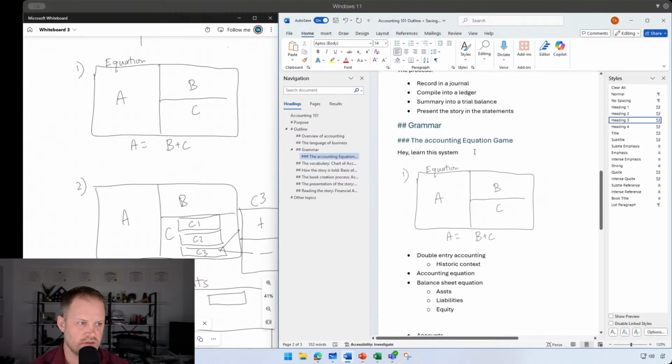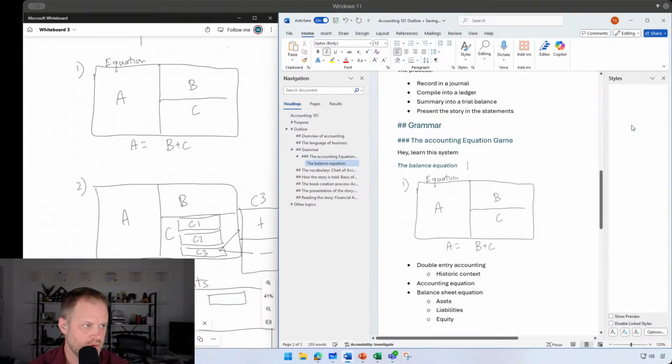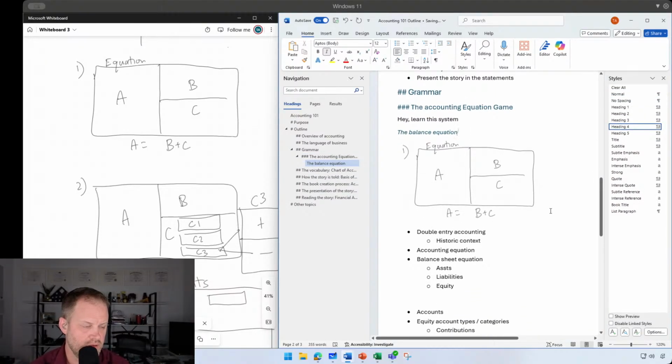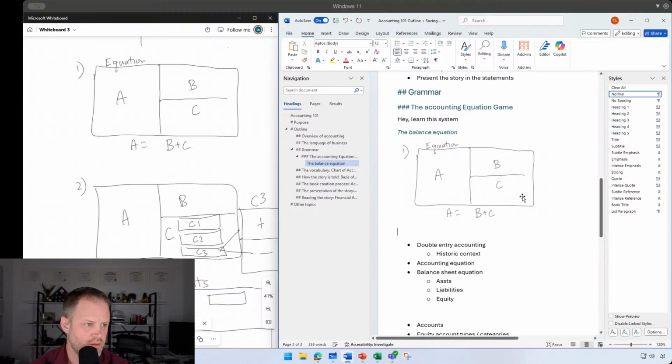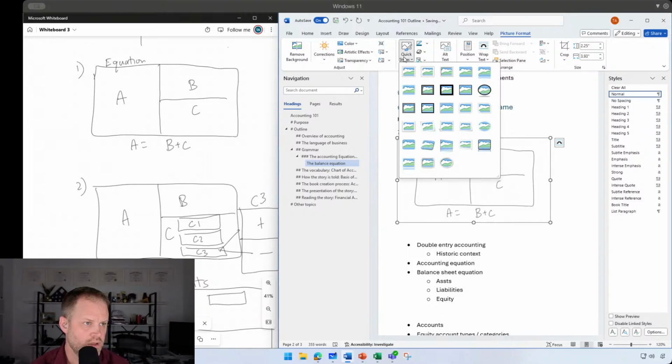So it's just the balance equation. And then throw a, it's too strong.